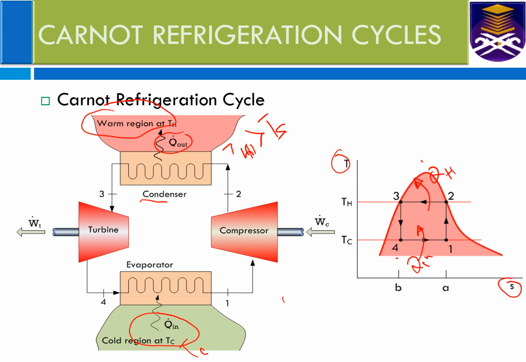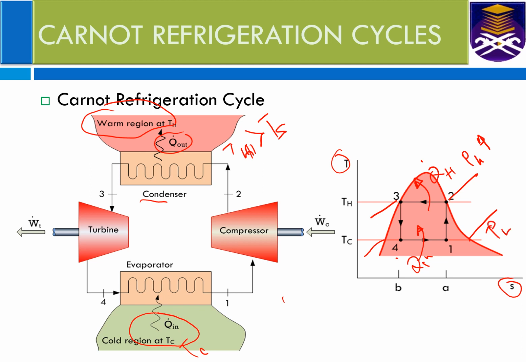As we can see here, temperature TH has a higher pressure, PH, as compared with PL.